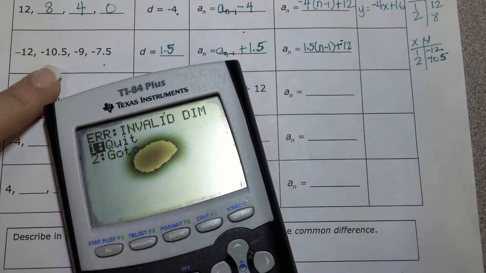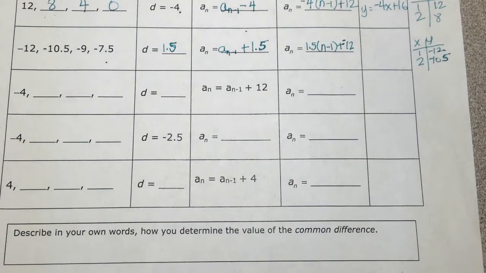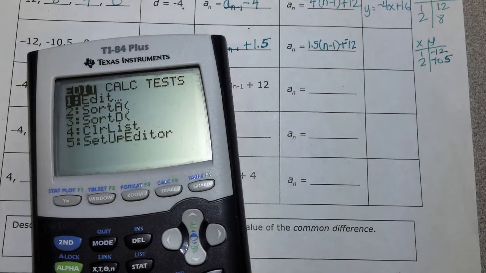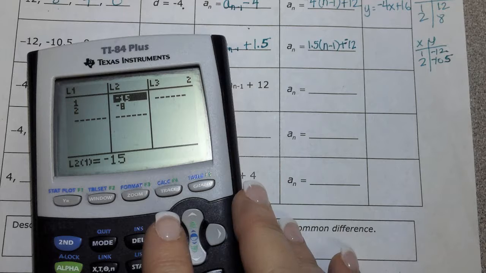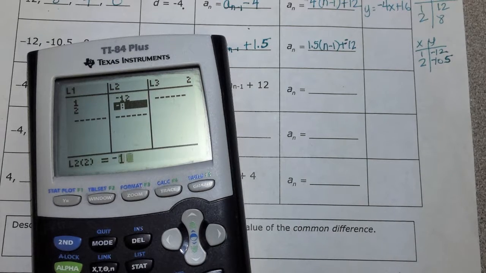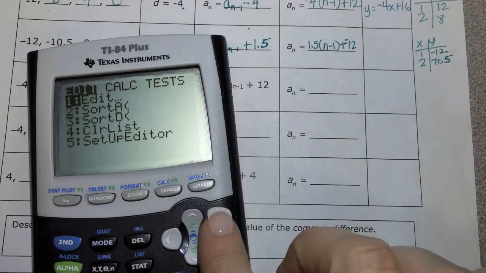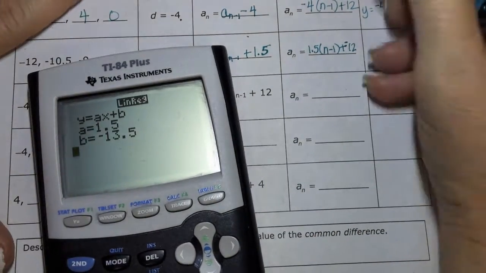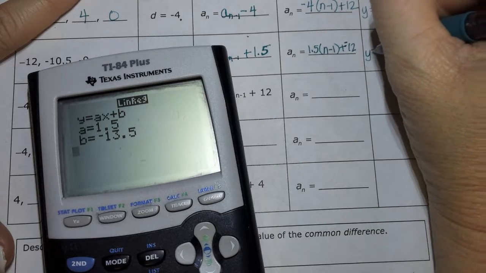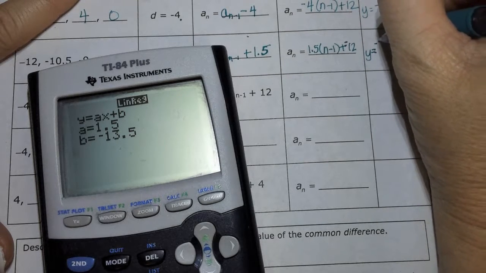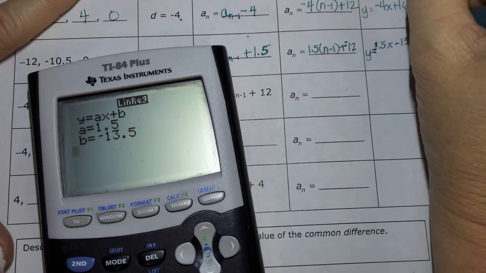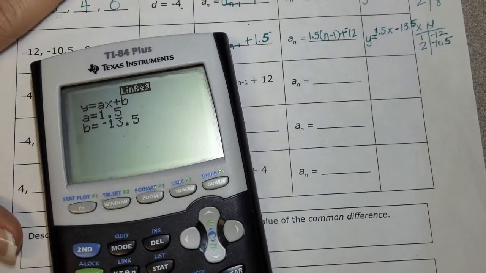Okay, hold on. Let me go to a different calculator. So going back to stat, edit. So -12 and -10.5. Back to stat, over to calc. Okay, so there's my function rule. y equals 1.5x minus 13.5. Okay.